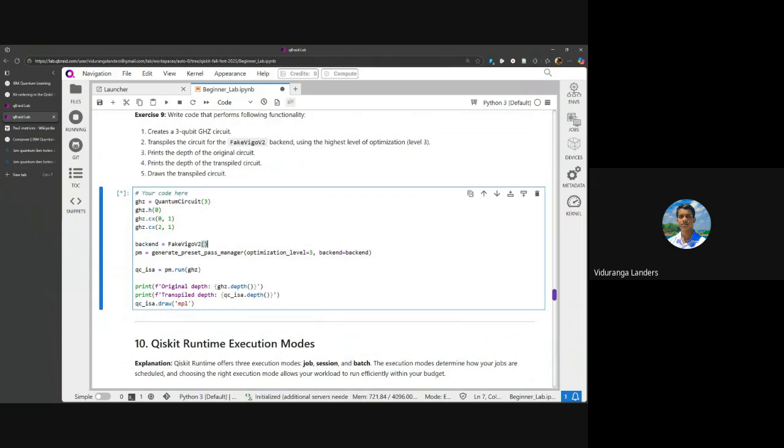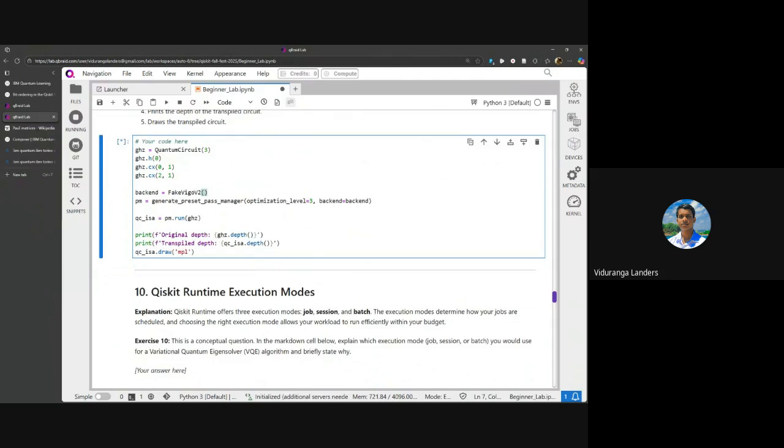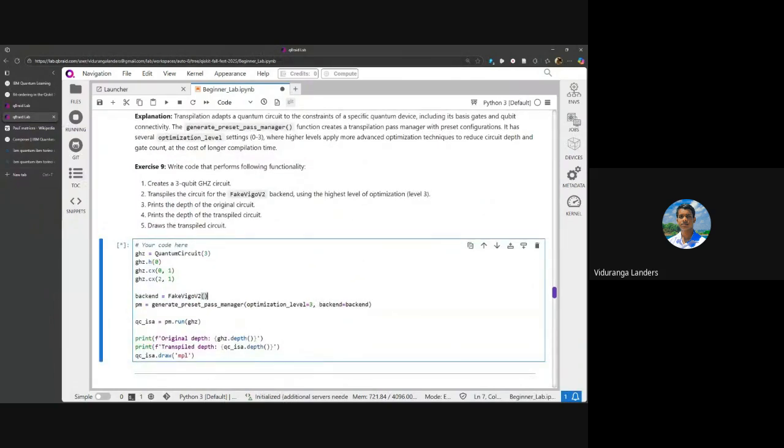Let's just give it a minute. So this one is not a real backend. It's based on I think some older quantum computer, but it's a kind of a fake backend that is there for you to try out this.